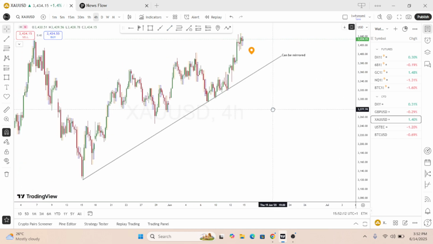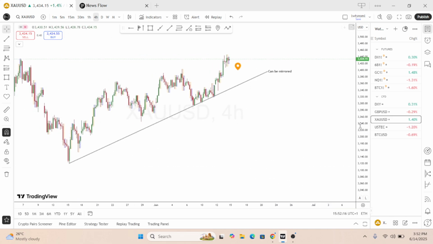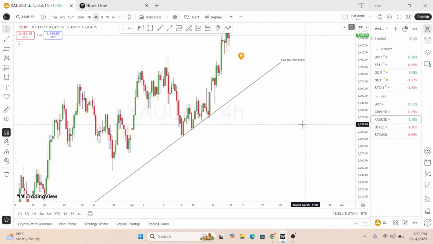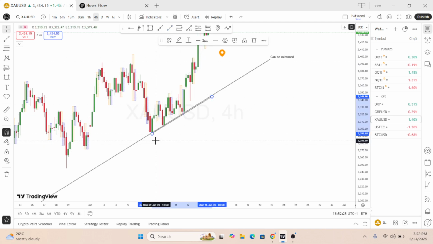On gold, we see that we are trading upward, and we see the three upward drive did form on gold on Monday, Tuesday, Wednesday, and then we had a strong push upward.